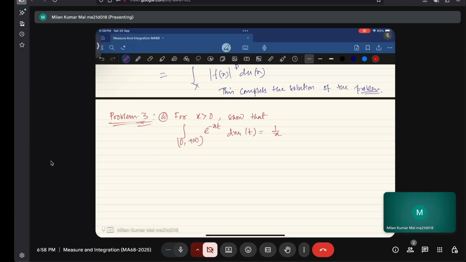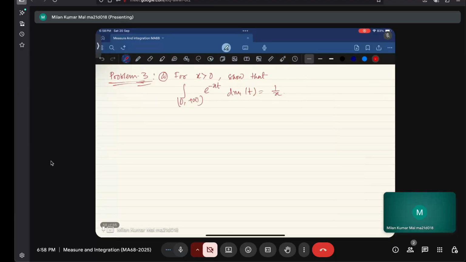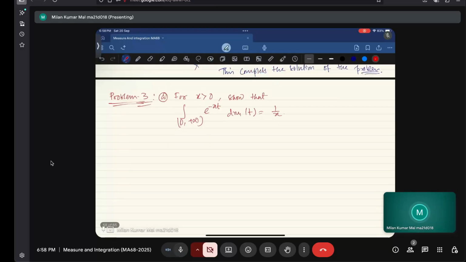Okay, now recall the monotone convergence theorem. It says that if a sequence of functions is non-negative and converges pointwise to a new function, then... I am writing this shortly, this is not the exact statement.